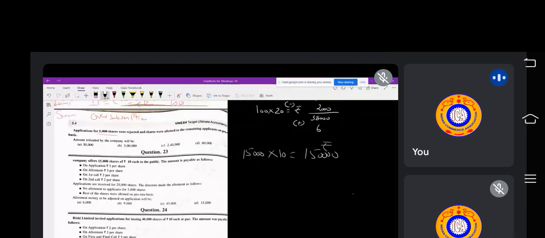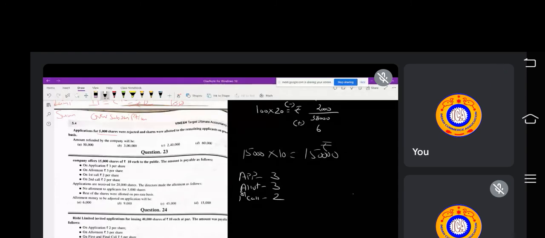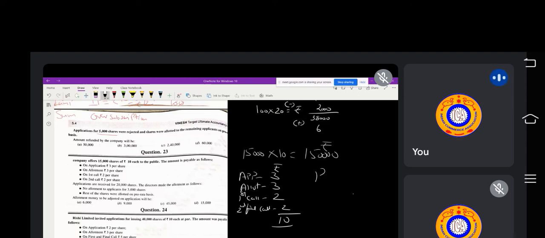The amount has been broken down in such a way that on application it is 3 rupees, on allotment it is 3 rupees, on first call it is 2 rupees, and on second and final call it is again 2 rupees. So if you add all these, you get 10 rupees. It is exactly equal to the face value, and the issue price is also the same. So it is an issue of shares at par.